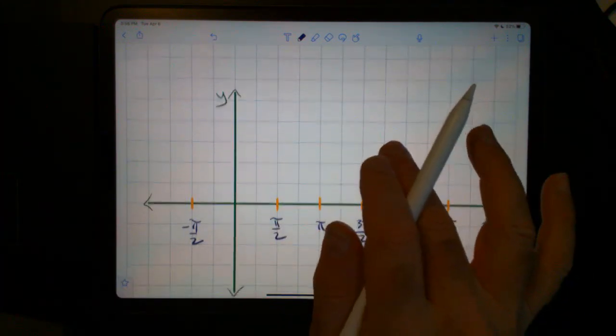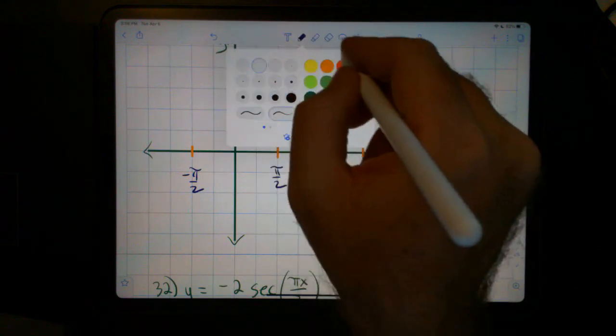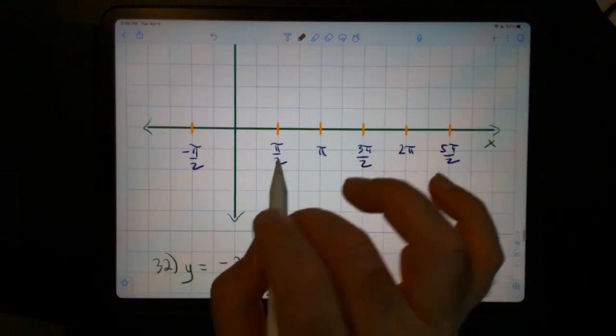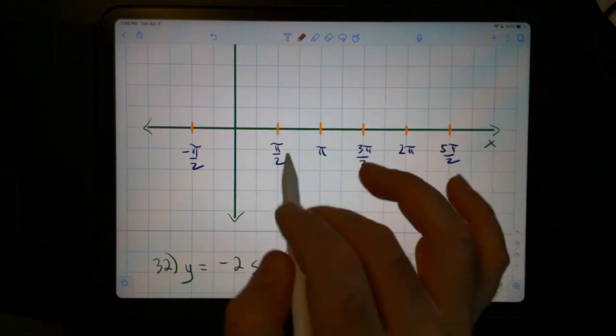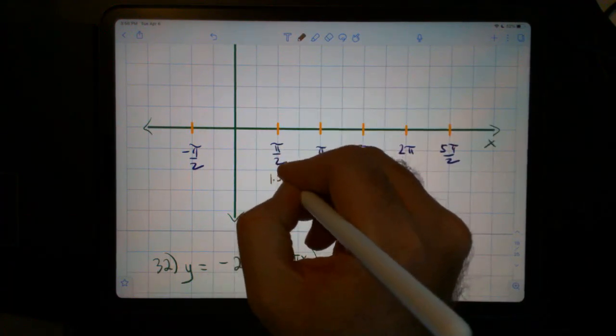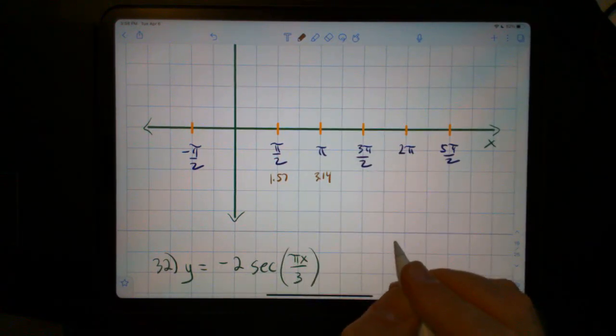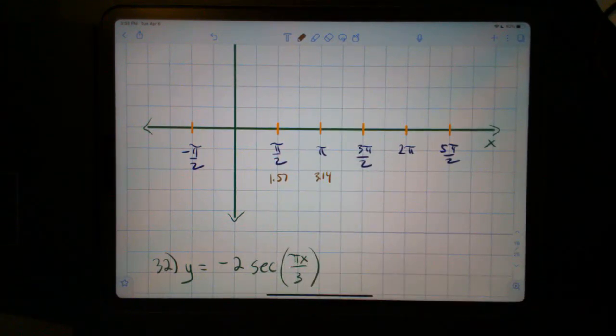So let's do, so 3.14 divided by 2 is going to be like 1.57. This is 3.14. Let me get a calculator.